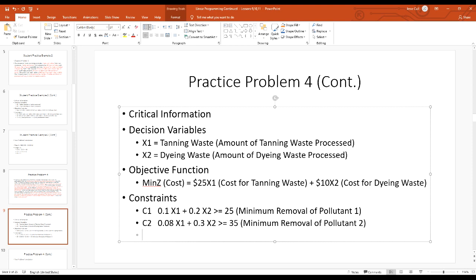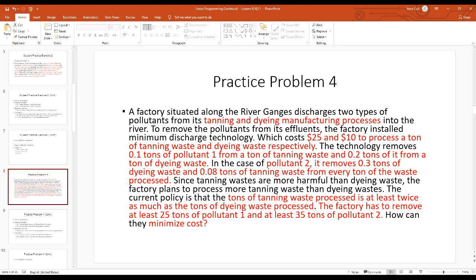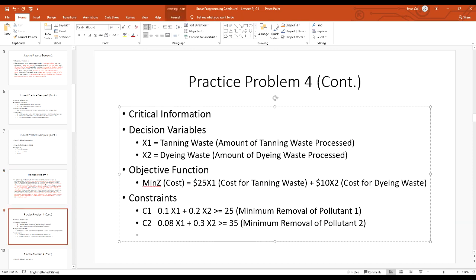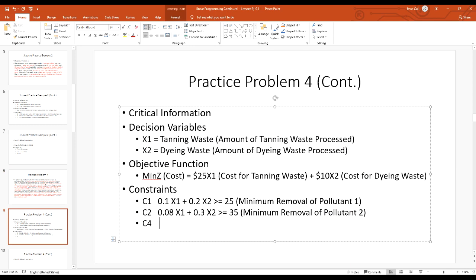Our third constraint, if we look, is that the tanning waste processed is at least twice as much as dyeing waste processed. So we have to put this into a mathematical formula that would allow us to solve our problem. So tanning waste is x1. So C3 is x1 must be greater than or equal to 2 x2.